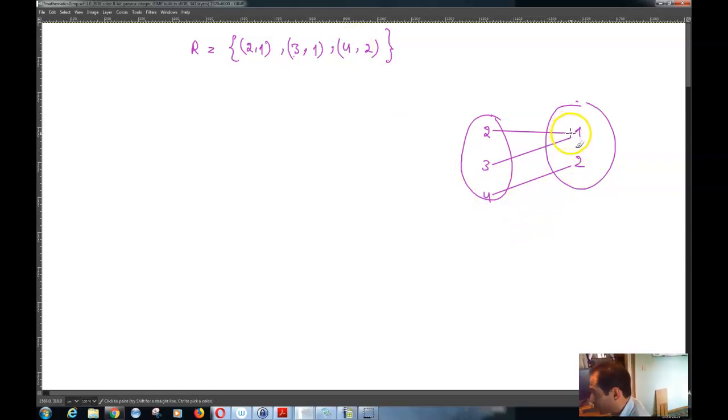So in this situation, as you can see, every member of this first set over here is mapped to some element in the codomain, and it doesn't really matter if 2 and 3 have the same images.